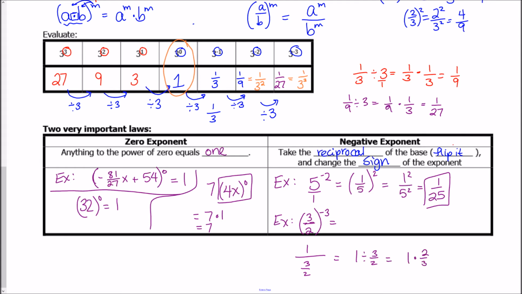So we can just say that we just do the reciprocal here simply and get 2/3. So we end up getting 2/3, and then this negative 3, we change the sign of it, becomes a positive 3 because I've done the reciprocal. And then it ends up being 2 to the power of 3 over 3 to the power of 3. Well, 2 to the power of 3 means 2 times 2 times 2, which is 8. 3 to the power of 3 means 3 times 3 times 3, which is 27. So my answer here would be 8 over 27.